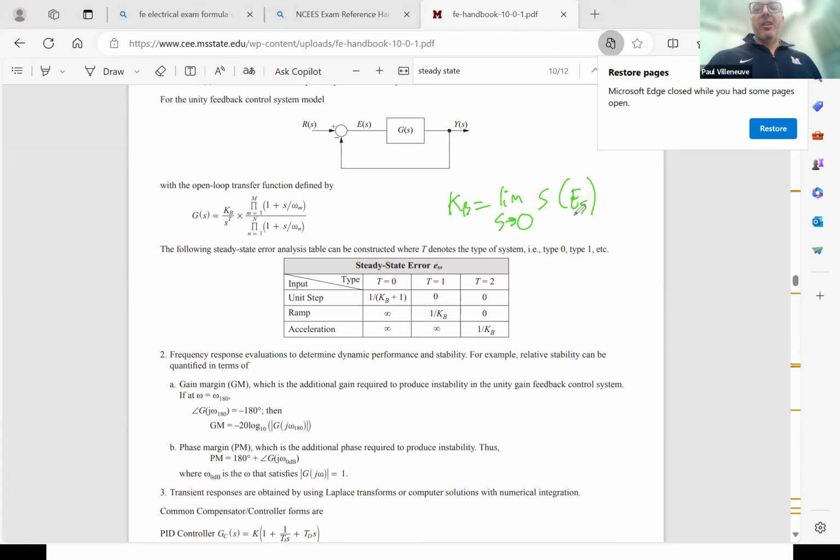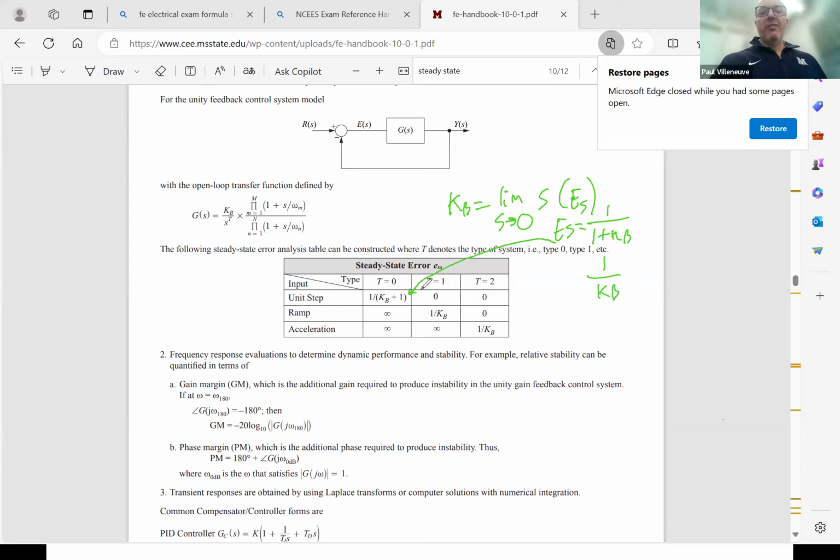And so this is where it gets harder. E of s is going to be equal to 1 over 1 plus k sub b, or it's just 1 over k sub b. We just don't know which is which. So the only way to determine that is to run this calculation and see, for a type 0 system, if you get the correct value.